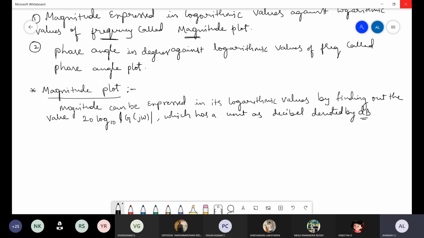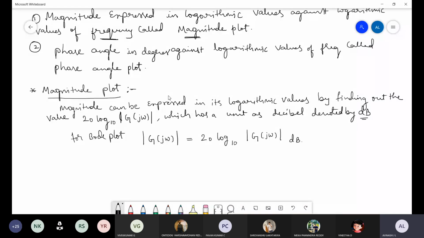So that is in terms of dB. For a Bode plot, take the modulus of G of j omega, wherever s is there replace it with j omega, and take it in logarithmic form, 20 log to the base 10 of modulus of G of j omega, which is in terms of dB.